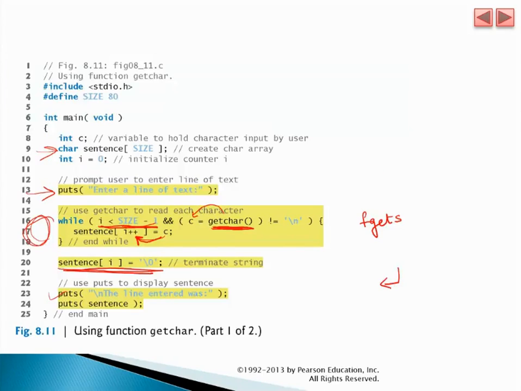One by one that function will get called, and the value will get assigned to the sentence array. Are you following me here? Yes, ma'am. Okay, so I recommend that you actually make this program and see what will happen.